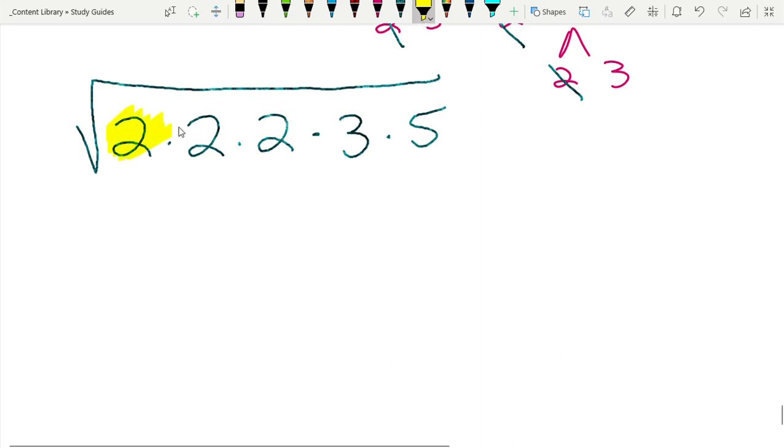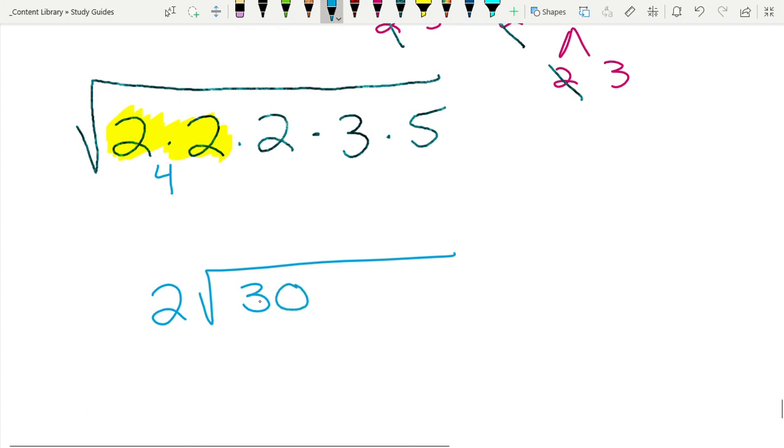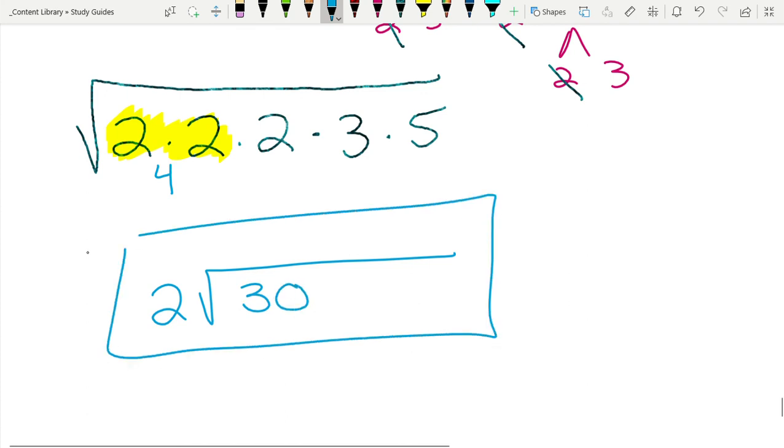And here's one of them. 2 times 2. Well, 2 times 2 is really a 4. Well, what's the square root of a 4? It's a 2. So we pull the 2 out. Now these guys don't have any pairs or partners, so what do they do to each other? Well, they do what we did. They multiply. 2 times 3 times 5, which is 30. And 2 root 30 would be your final answer for that one.